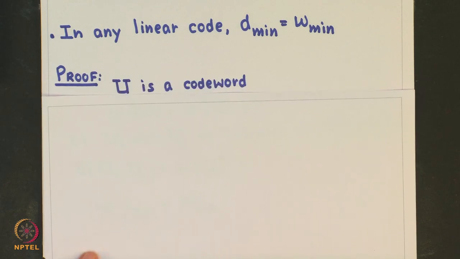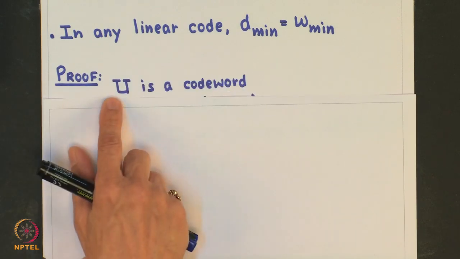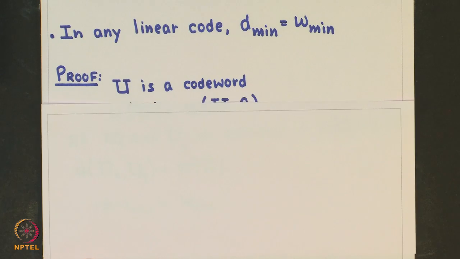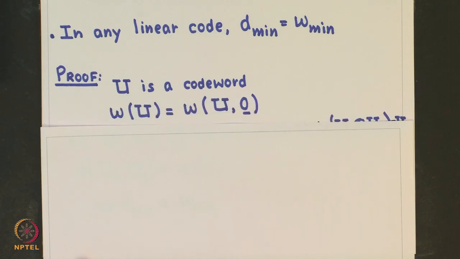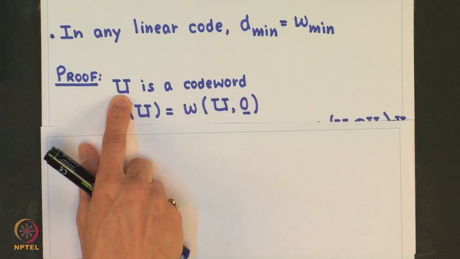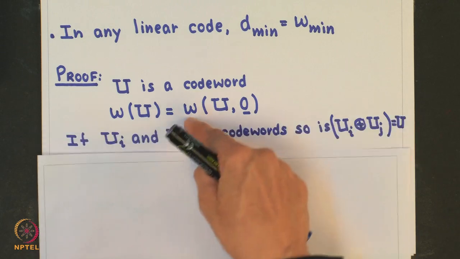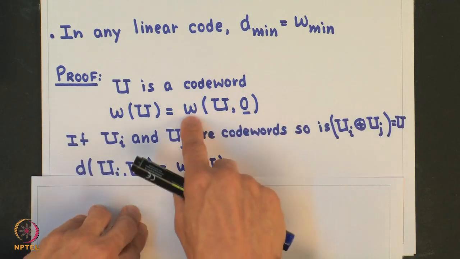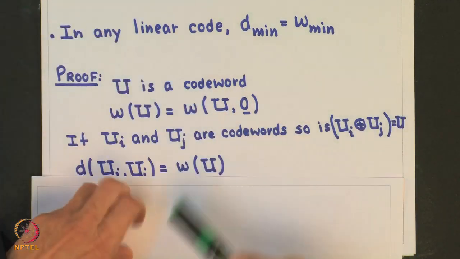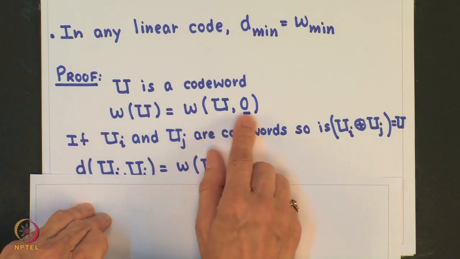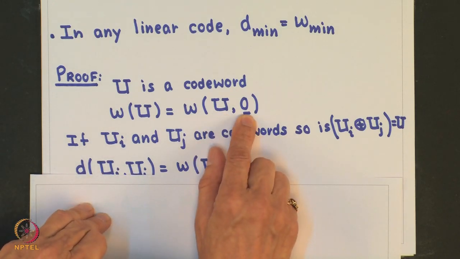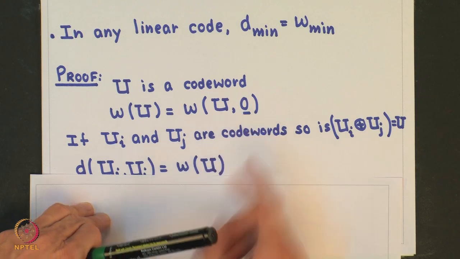The proof follows as follows. If U is a code word, then the weight of this code word is the same as the distance between U and the all 0 code word.